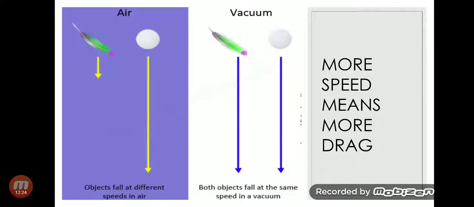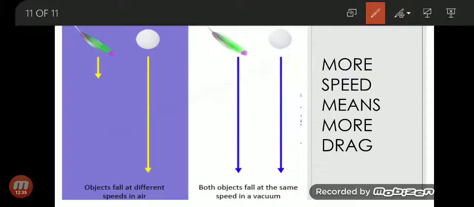Do you know what a vacuum is? A vacuum is a space where there are no air molecules. See here, this is a vacuum, and this is normal air in our environment. This ball will fall with more speed, and this feather will fall with less speed.